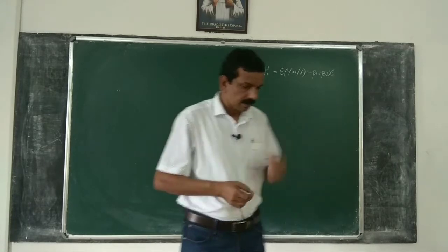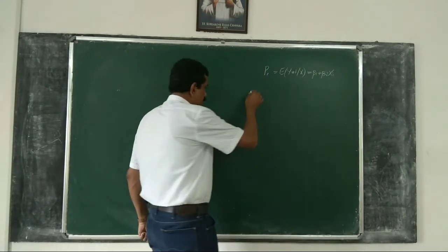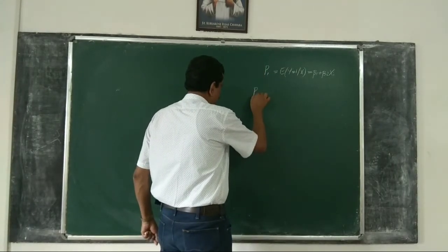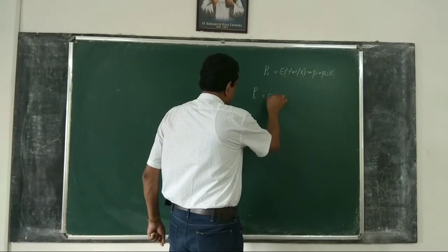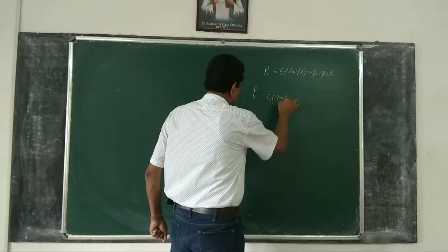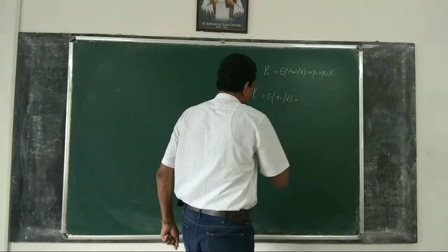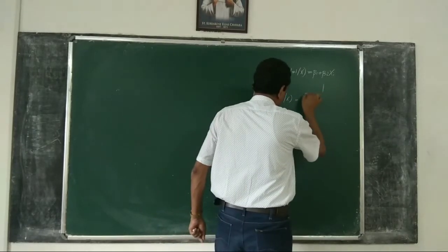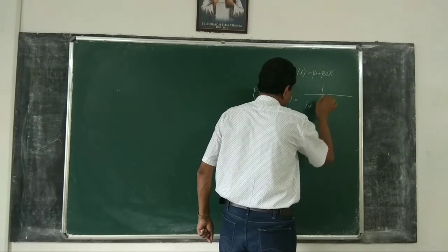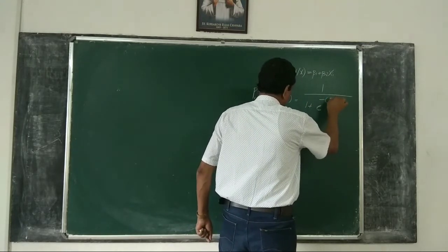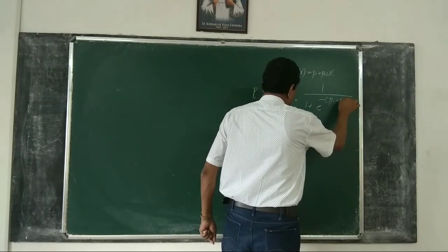Now suppose that we consider a specification Pi is equal to expected y equal to 1 given x, equal to 1 by 1 plus e raised to minus of beta 1 plus beta 2 x.